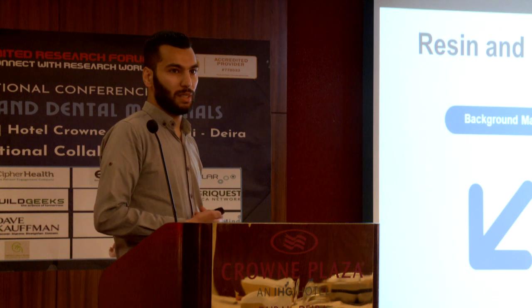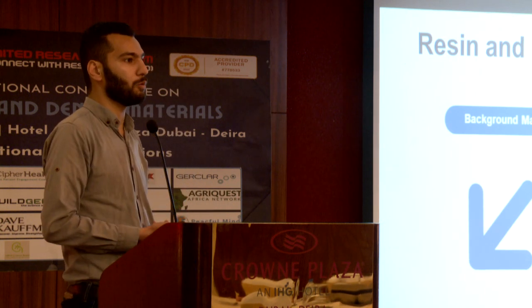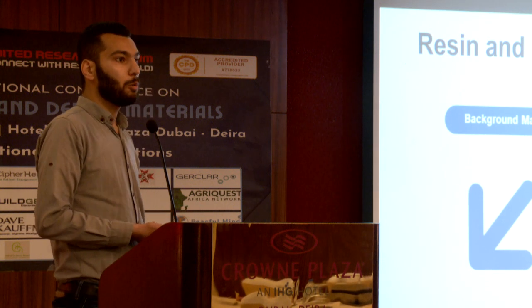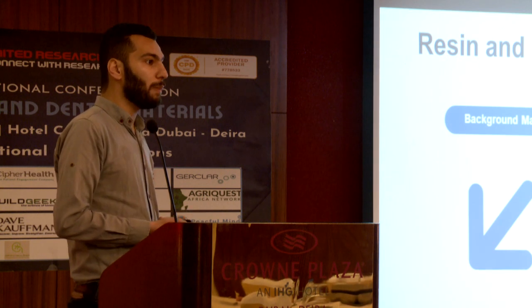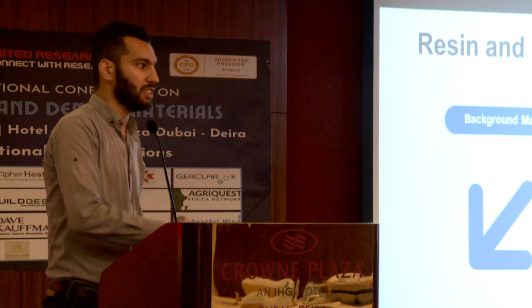That's the first thing. Second thing, we don't have just a dark background. We have high chromatic background like A3 shade. We have low chromatic but low value background like tooth shade C1 or C2.